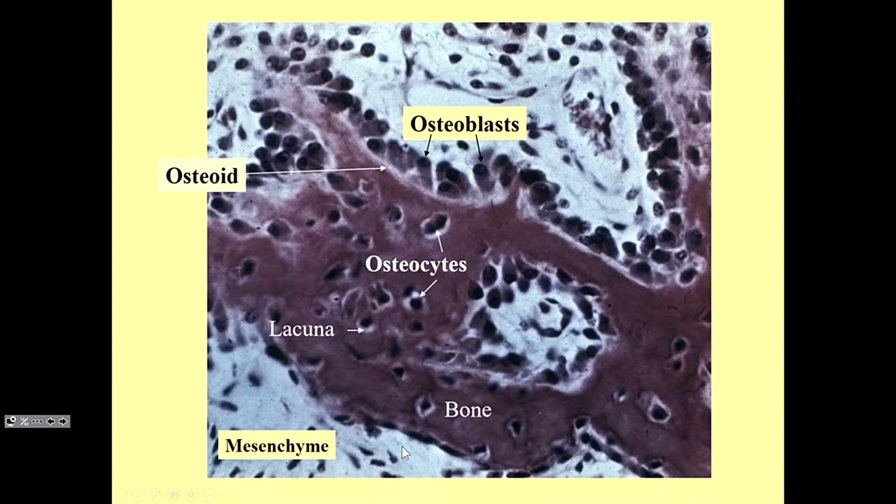So here's a schematic of a bit of bone. This very pinky purple material, that's the mature bone that is saturated with the calcium phosphate. Here's our mesenchymal tissue out here. And then here are our osteoblasts that reside on the edge of the forming bone. They're depositing the osteoid, which is not yet fully mineralized.